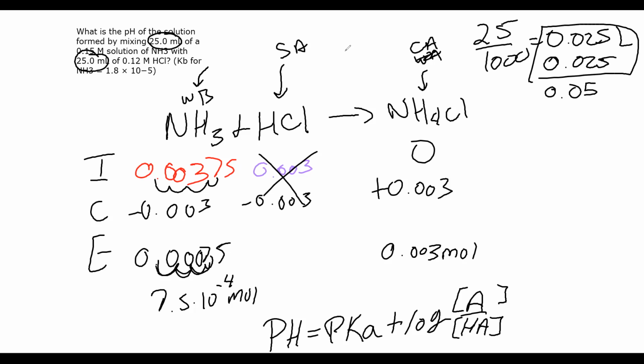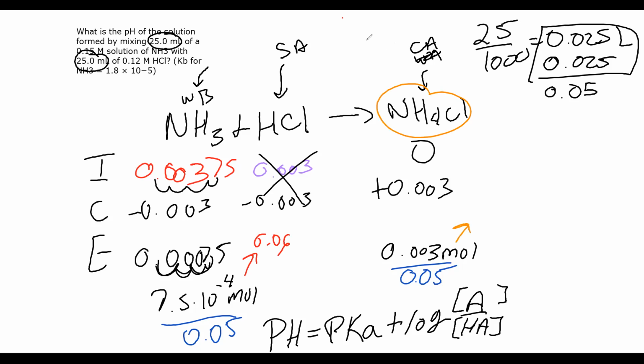So divide both of those guys, I'll use, I don't know, blue. 0.05, 0.05. So you got 0.06, okay? And for 0.015, got it, okay.